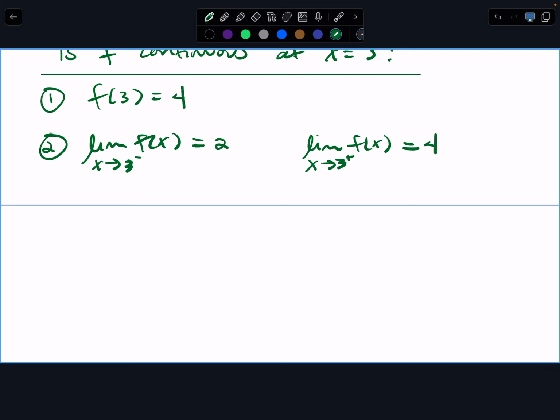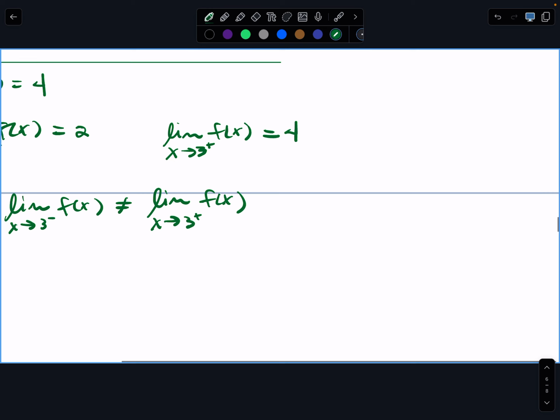So again we can say that since the limit as x approaches 3 from the left is not equal to the limit as x approaches 3 from the right, the two-sided limit is DNE.